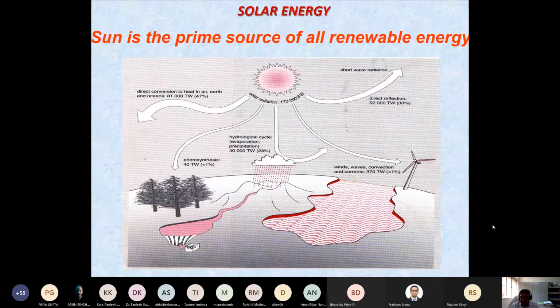And one more thing, particularly in solar energy. When you start designing the system, you should start with how much solar energy is available to you, because it is not sure.